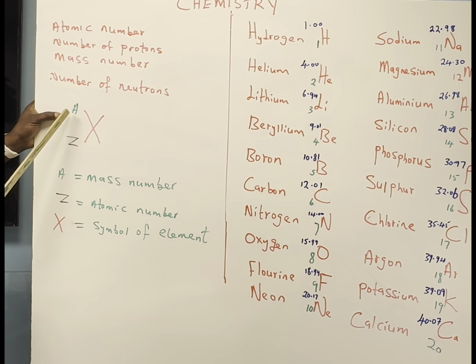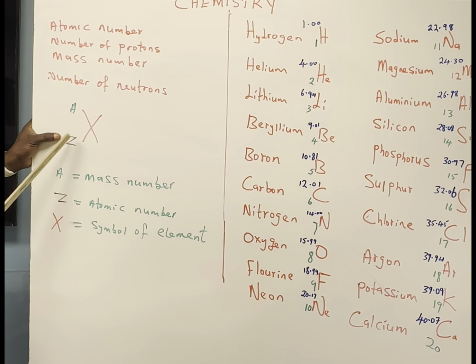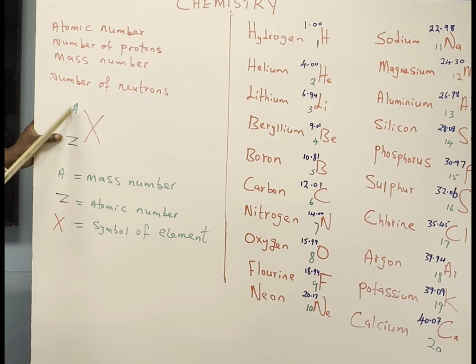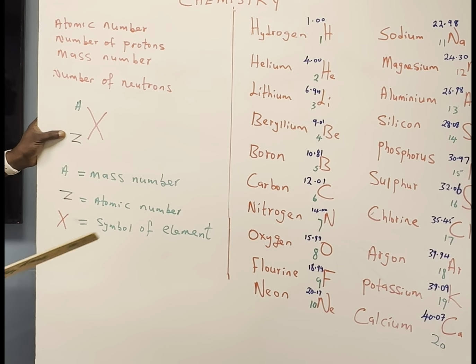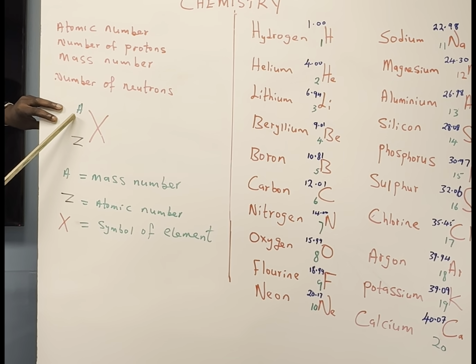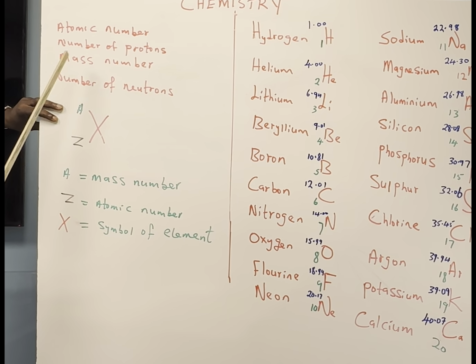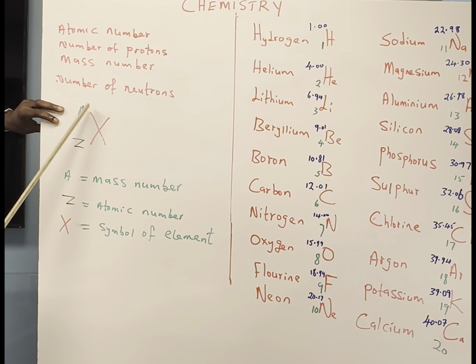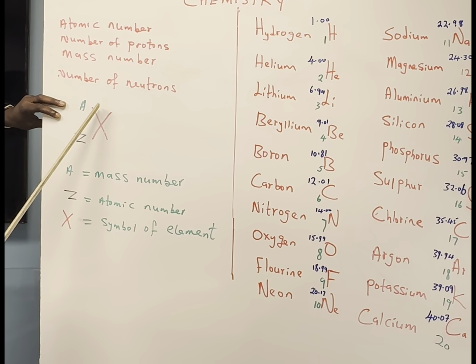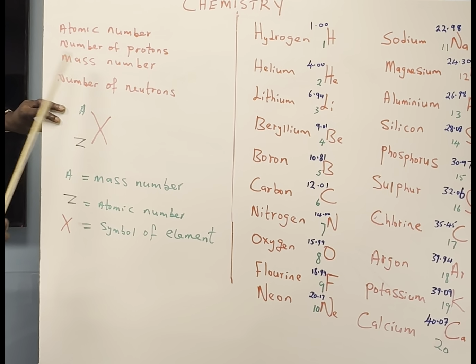Now, look at this: the A, the Z, and the X. What does this signify? When you see an element written in this representation, what does it tell you? What is up here, A, stands for the mass number. You can call it mass number or atomic masses. Don't mistake it with atomic number.